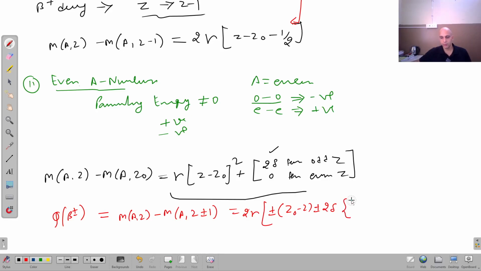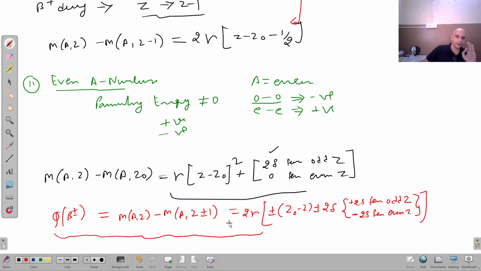This is plus 2 delta for odd Z and minus 2 delta for even Z. So this is the condition that we got for calculating the transition energy. It has been written directly here.